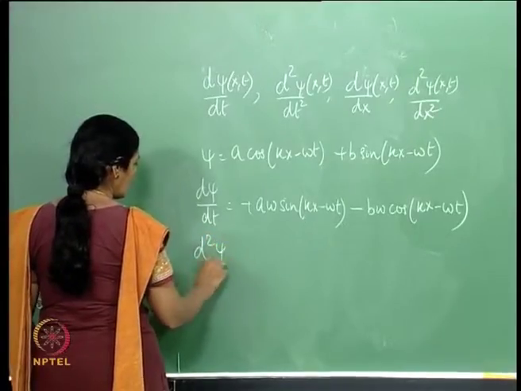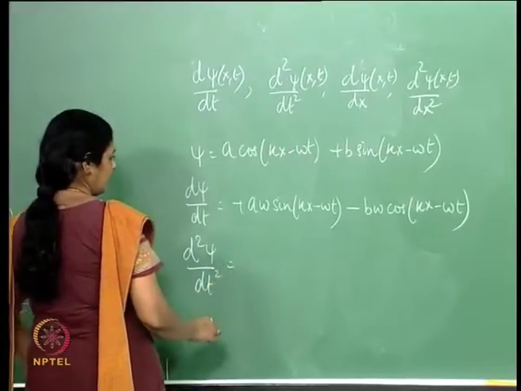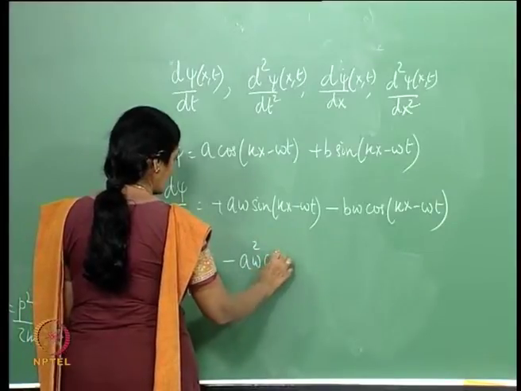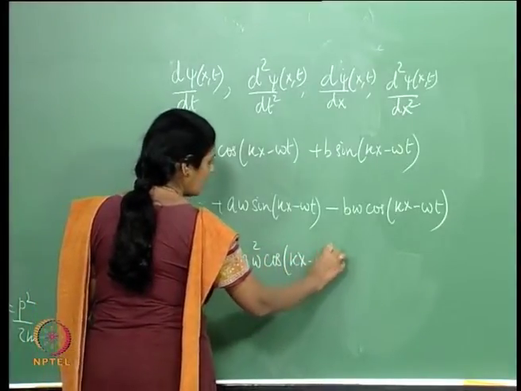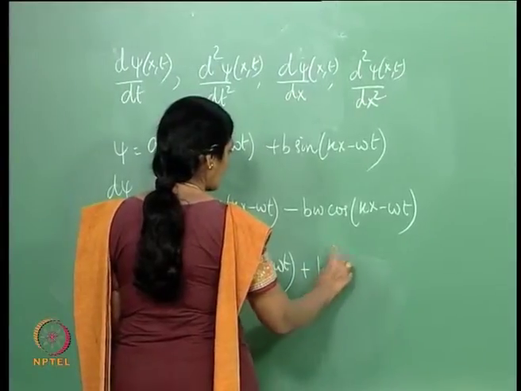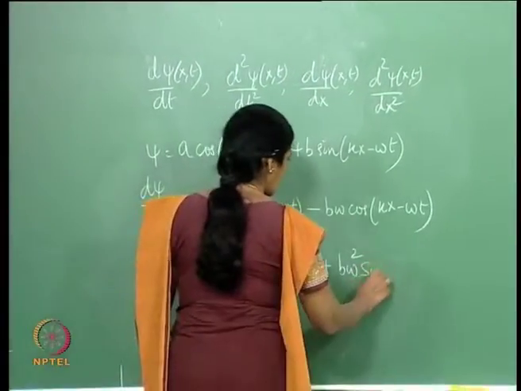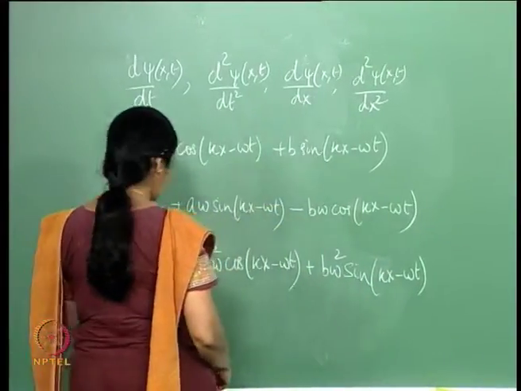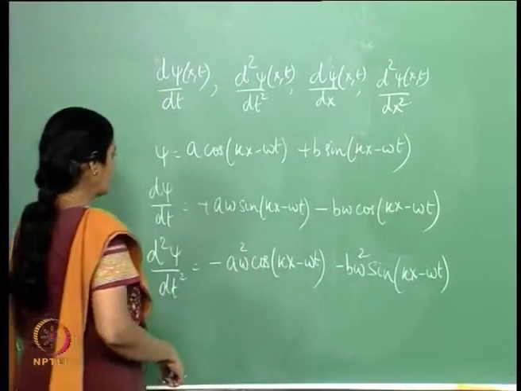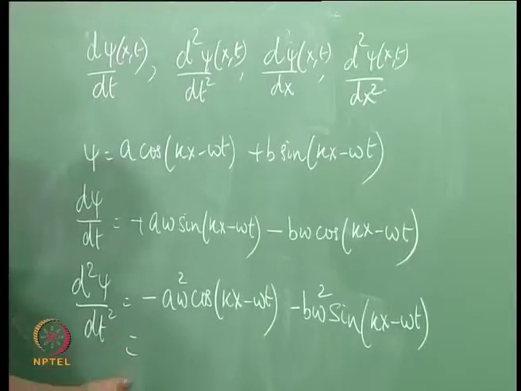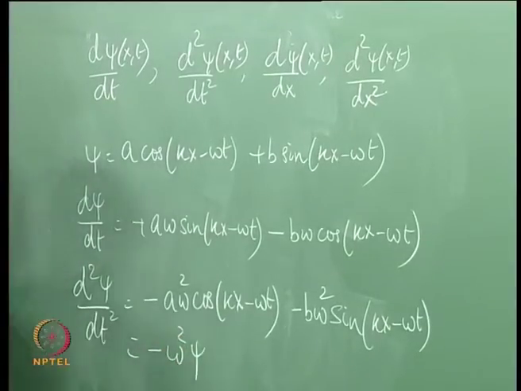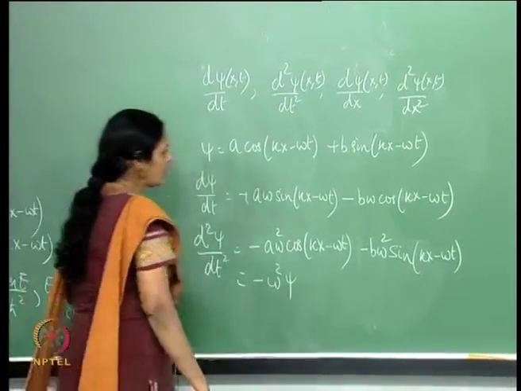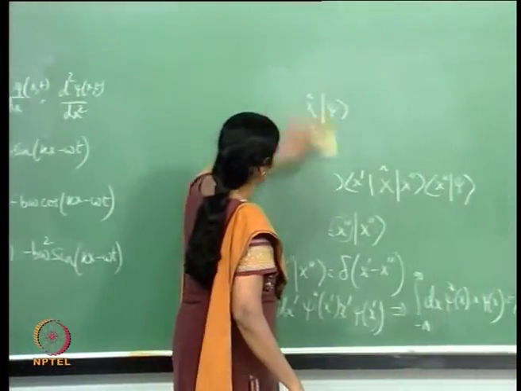So d2 psi by dt squared is minus a omega squared cos(kx minus omega t) plus b omega squared sin(kx minus omega t) minus b omega squared sin(kx minus omega t). So this object is the same as minus omega squared psi. This is d2 psi by dt squared. Similarly, I can find d psi by dx and d2 psi by dx squared.